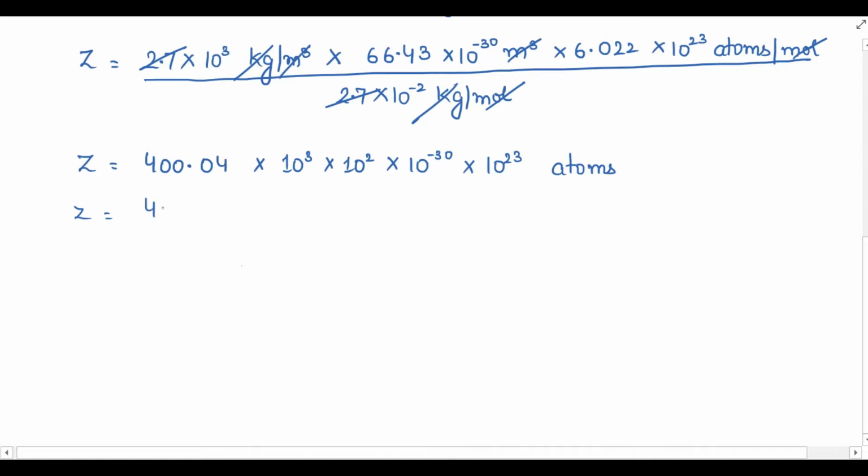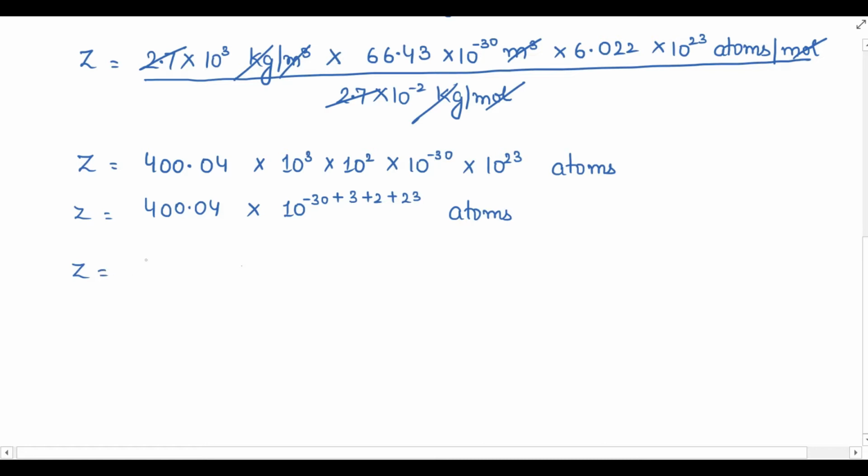So 400.04 × 10 raised to power: take positive powers on one side and negative on the other side. So minus 30 plus 3 plus 2 plus 23. So 23 plus 2 is 25, 25 plus 3 is 28.